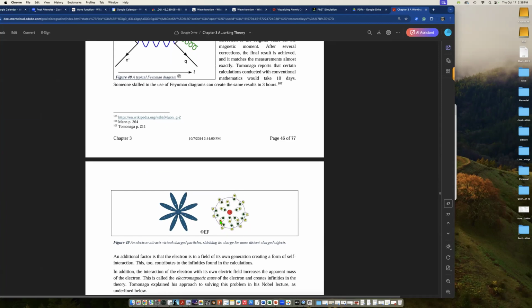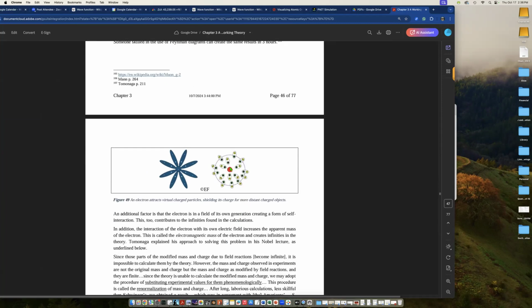Here's one way to depict what happens. Here's an electron sitting, if you put it in a vacuum, sitting there by itself, but immediately the vacuum fills with virtual particles, these little things that are the elliptical shapes. And the virtual particles have charge. And they notice this negatively charged electron.